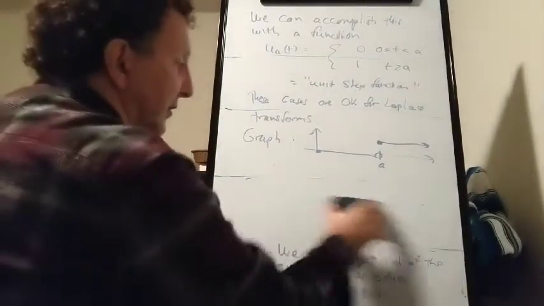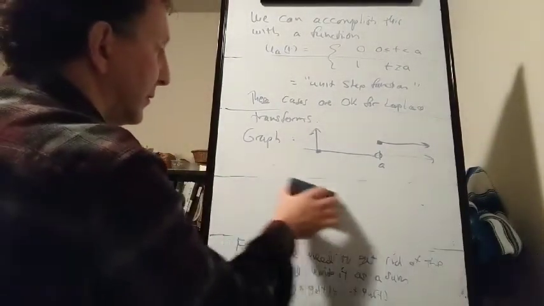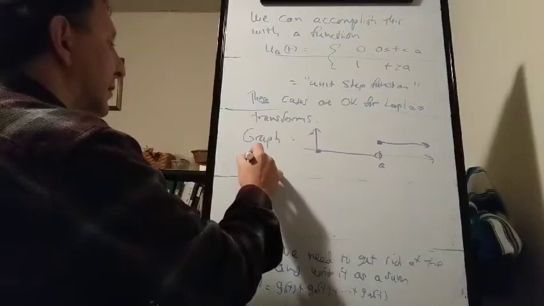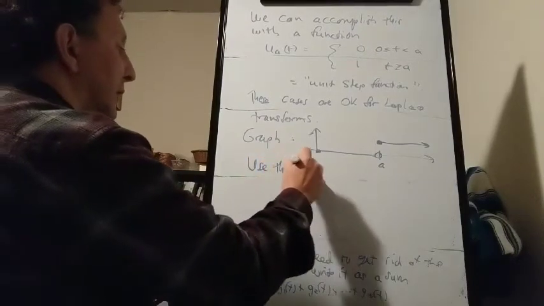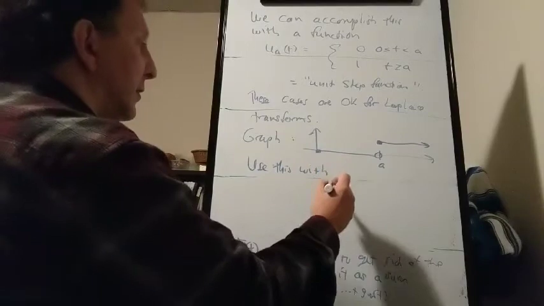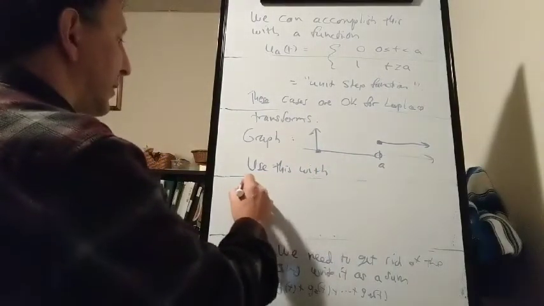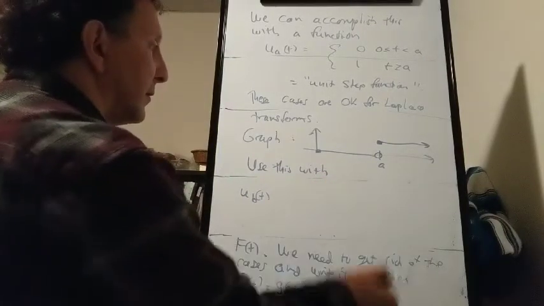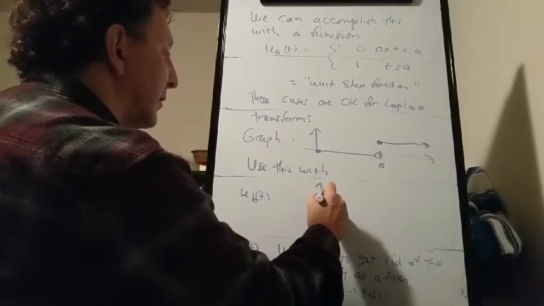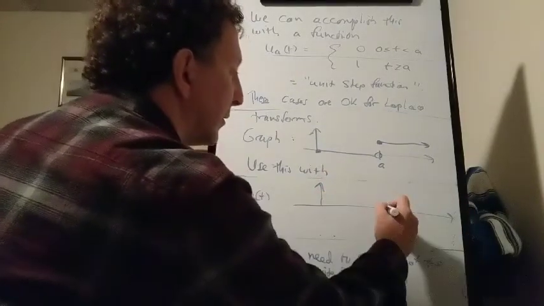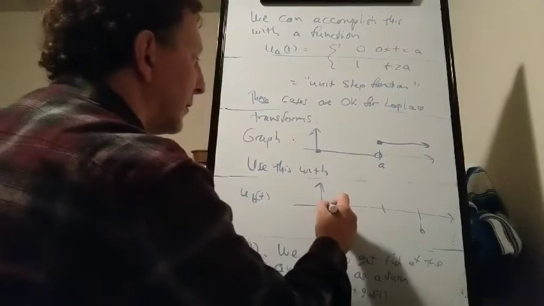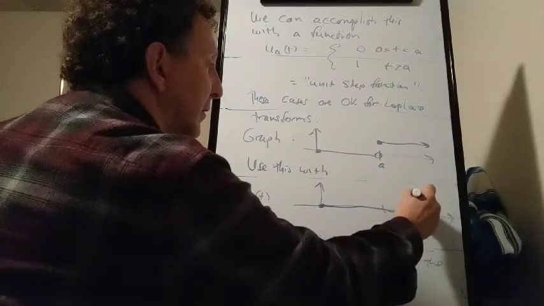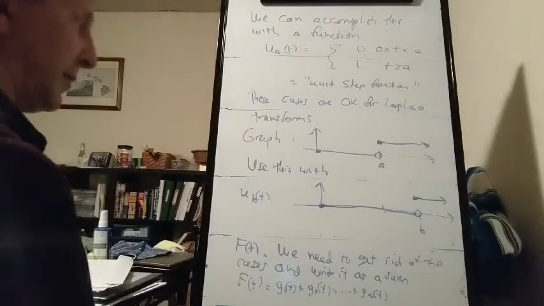Now we're actually going to use functions like this in pairs. We're going to use this with u_b of t. So that's 0 all the way up until b, and then it's 1 after that.